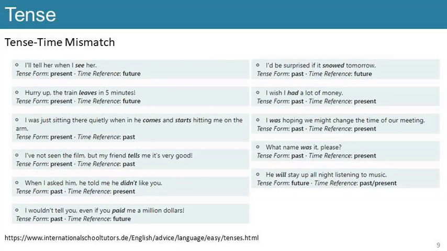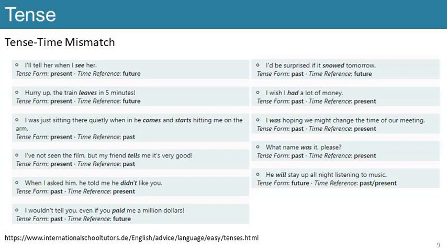Before moving on to the second verb term, let's briefly review the problem that many learners have with choosing the appropriate verb form to express a particular idea. The problem arises from the frequent mismatch between the tense of the verb, present or past, and the time in the real world.